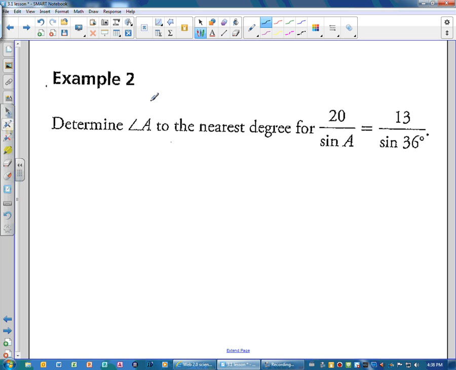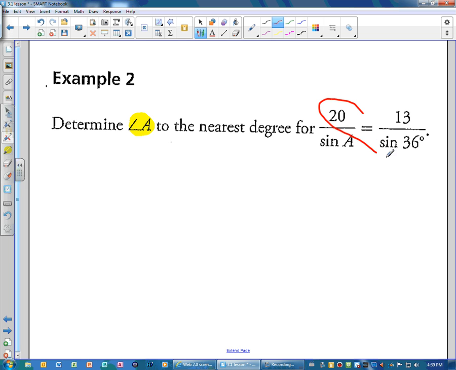Example number 2 is not a side length, it's an angle measure. It's asking for angle A. The question said, determine angle A to the nearest degree for this ratio: 20 over the sine of A equals 13 over the sine of 36. So again, because I have a fraction equals a fraction, I can cross multiply.